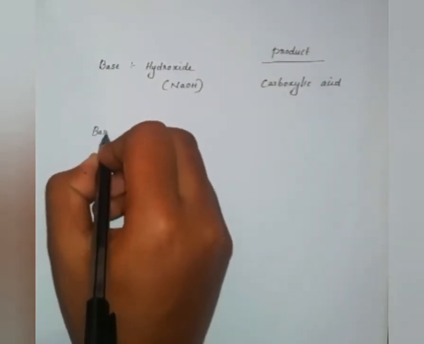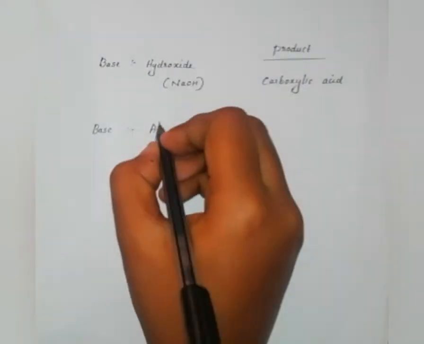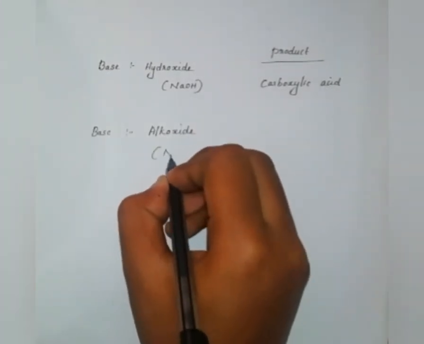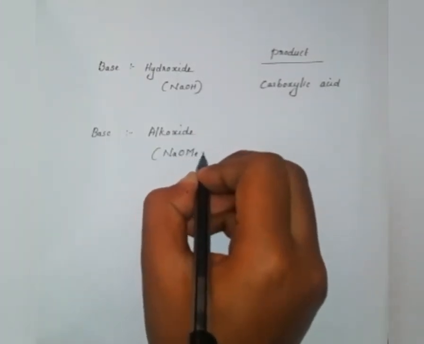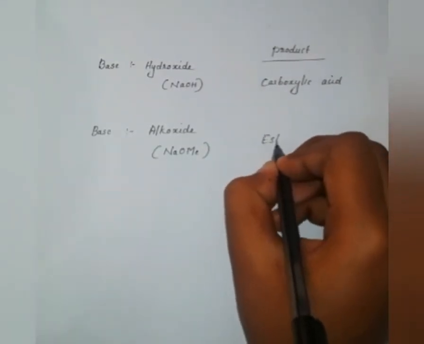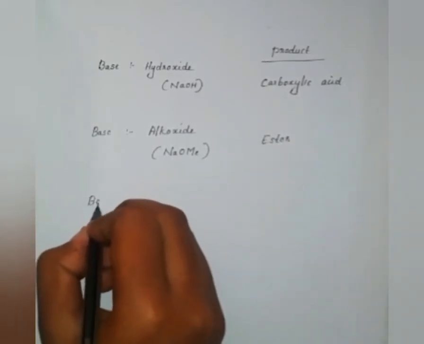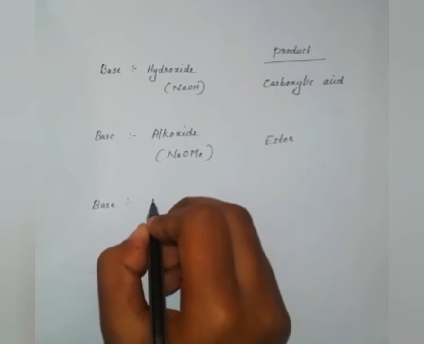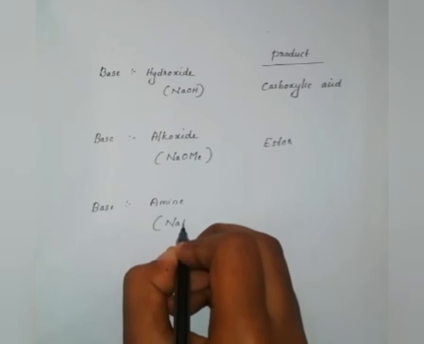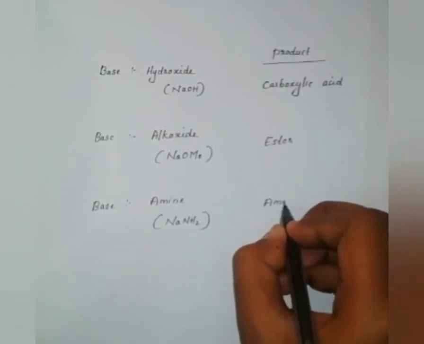And if the base is an alkoxide, for example NaOMe, then the product is an ester. And if the base is an amine-based base, for example NaNH2, the final product is an amide.